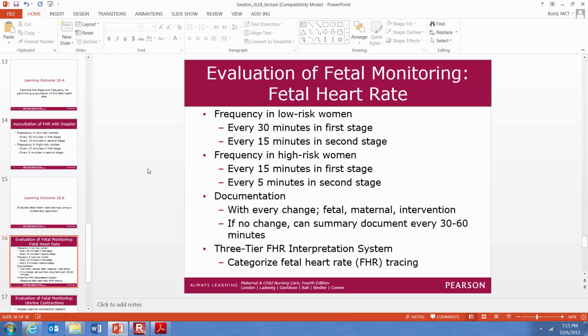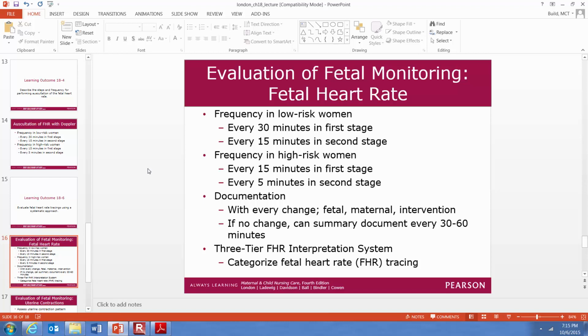What does my hospital policy say I have to document? Do they want me to document every 30 minutes, or every 60 minutes? If my assessment is unchanged, I'm not going to document every 15 minutes. I'm just going to say assessment unchanged, assessment unchanged, assessment unchanged, and then document when I'm required. It's called a summary documentation, okay?